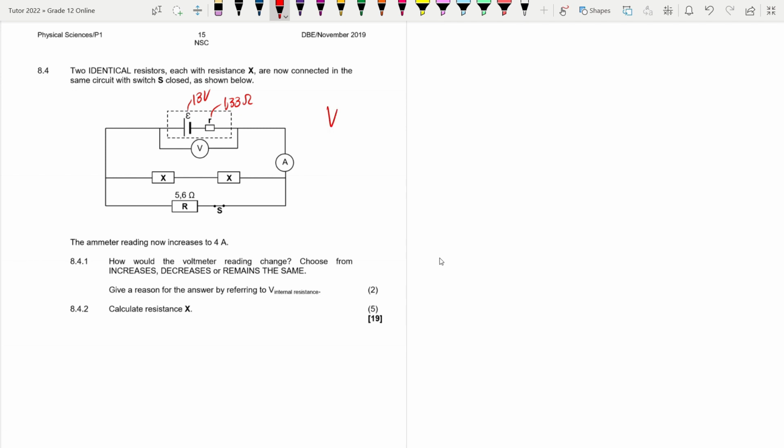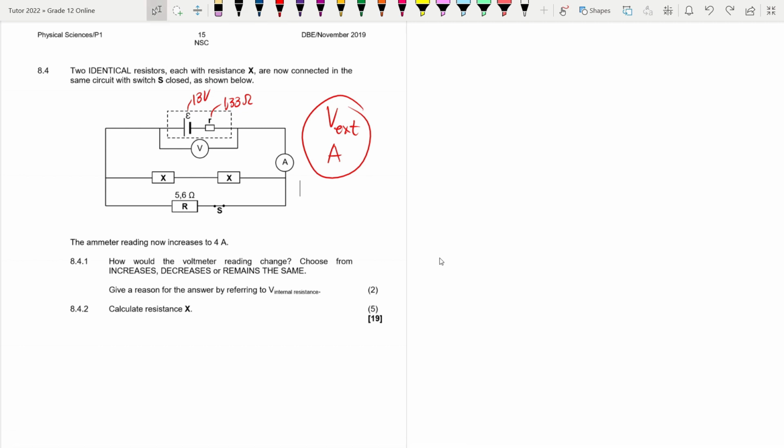Okay, let's think about V external and total current. Are these going to be the same if we introduce new resistors? No. But then V internal is going to be the same, since EMF is V internal plus V external.